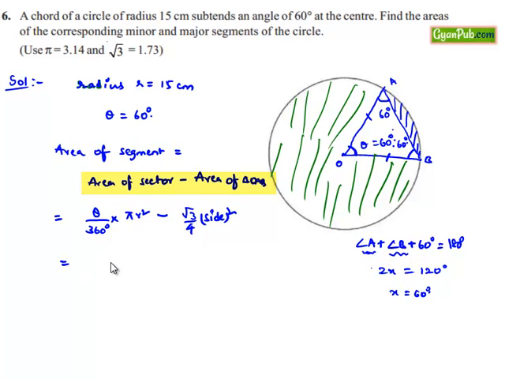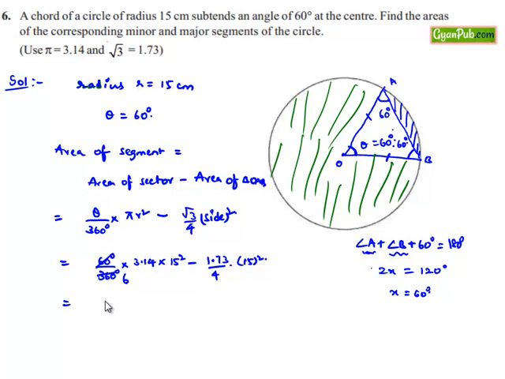So the area is equal to 60 degrees divided by 360 degrees into pi, whose value is 3.14, into r, which is 15 centimeters, that is 15 square, minus root 3 by 4, that is 1.73 by 4, into side square, here the side is the radius, that is OA square, 15 square, and 60 goes in 360 six times.